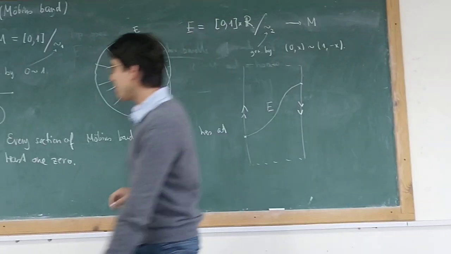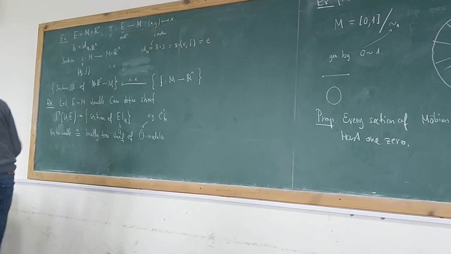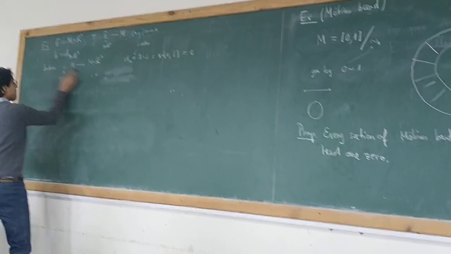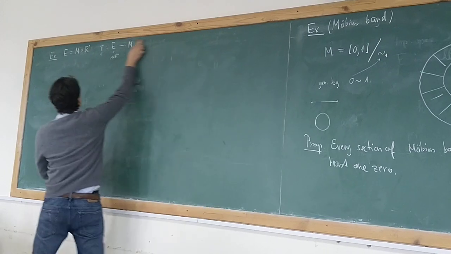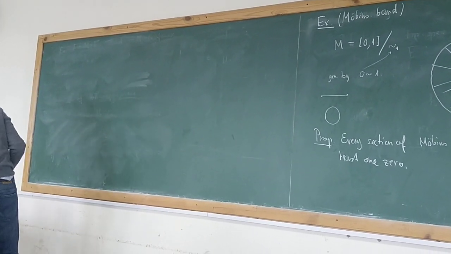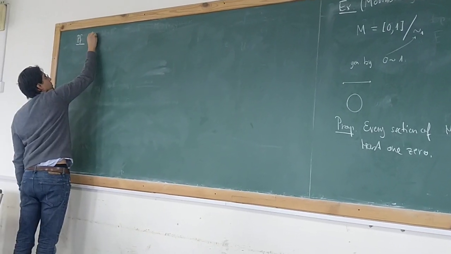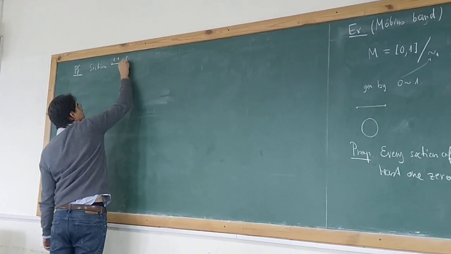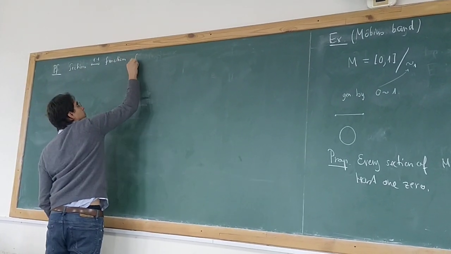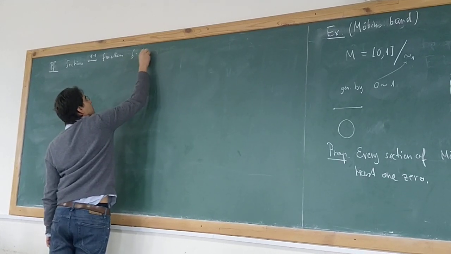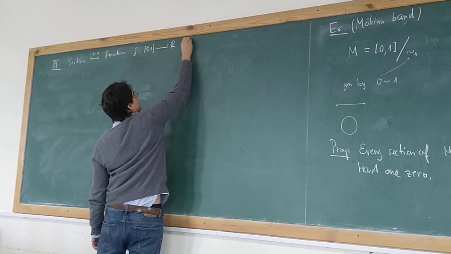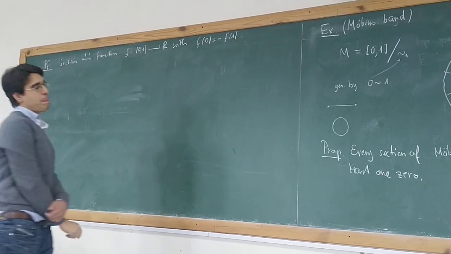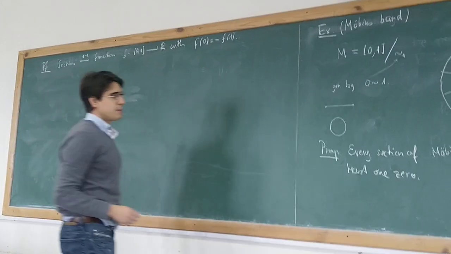So, functions on [0, 1] with the additional property that f(0) equals minus f(1). If you unpack the definition of section, you'll find that this is true.